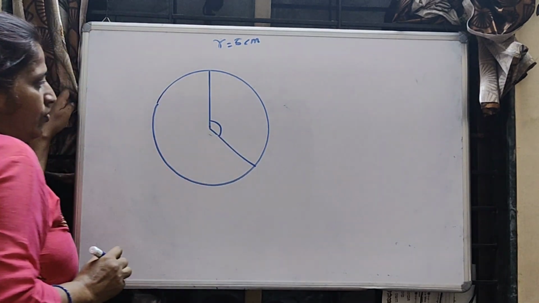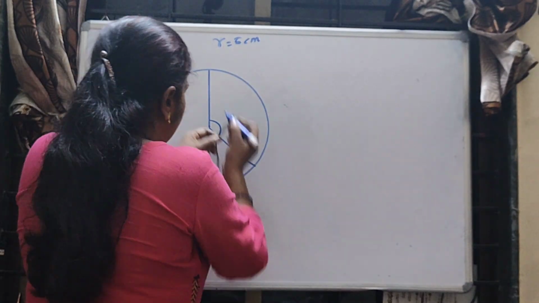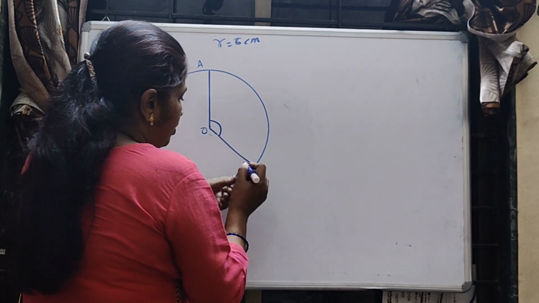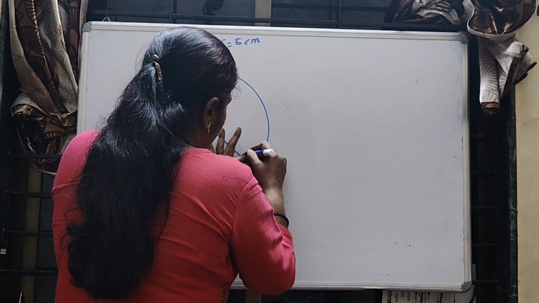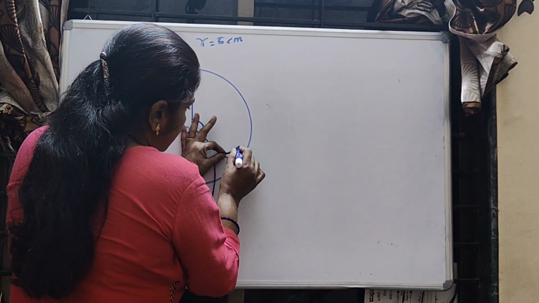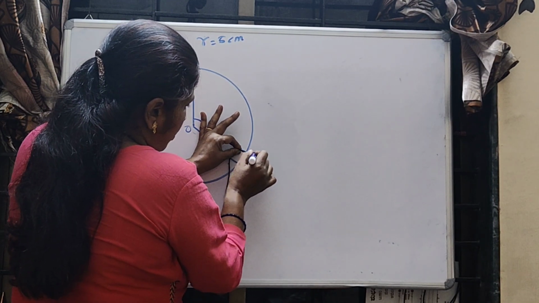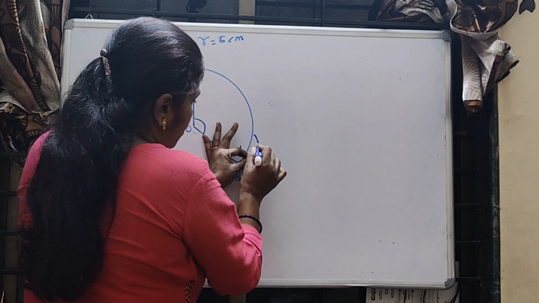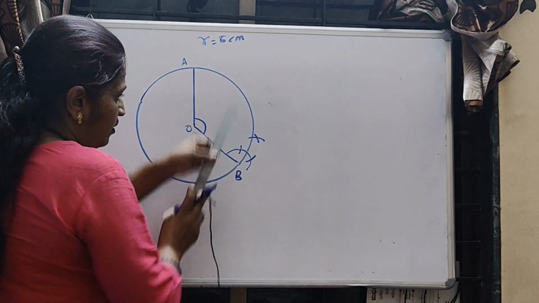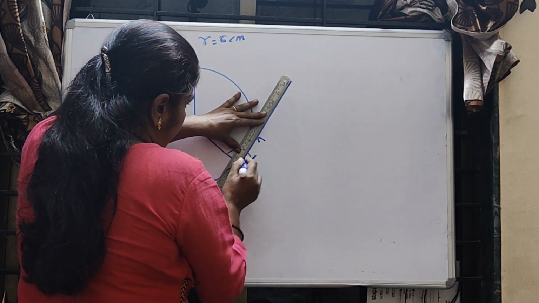Now how to draw the tangents? Name the center O, and the points A and B. Take a suitable radius and from B draw a semicircle, then from this point draw another arc with the same radius, and outside also. Join these two lines.